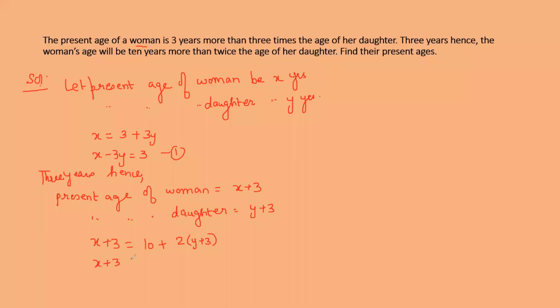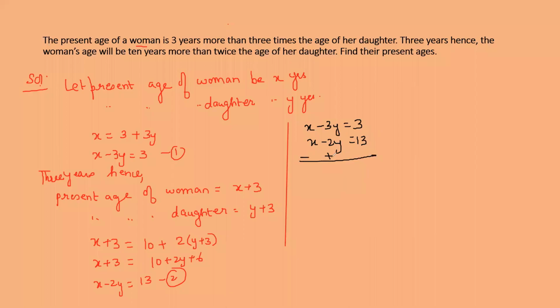Now simplify the equation. This is equal to 2y plus 6, multiplied by both the terms. X minus 2y is equal to 16 minus 3, which is 13. This is the second equation. Now let's simplify both the equations. If you make the correct equation, which is not very difficult, understand the nuances of the equations, that's all.